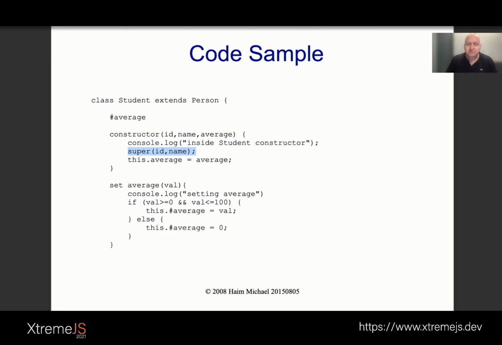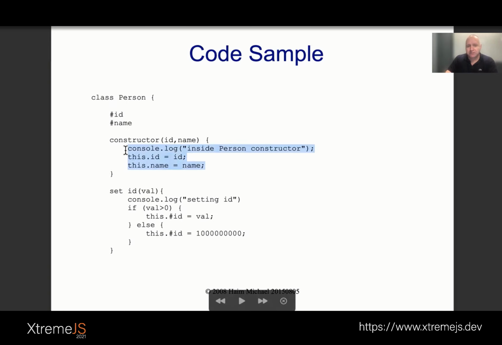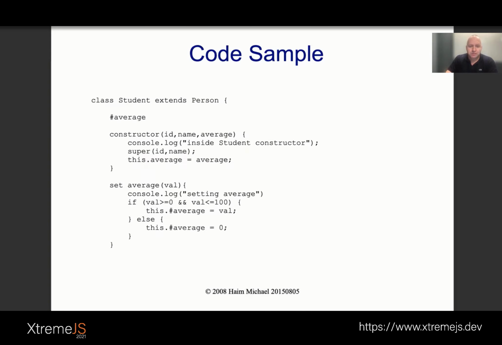By linking the two constructors of these two classes using this line, whenever we change the code in the constructor that was defined in person, that change will take effect not only when we instantiate person, but also whenever we instantiate student. And that is thanks to the linkage we created between the two constructors.